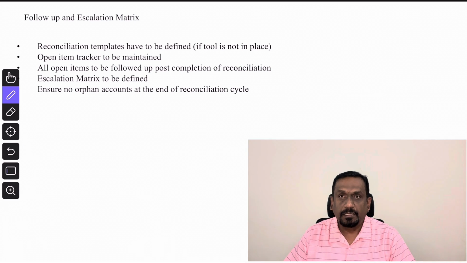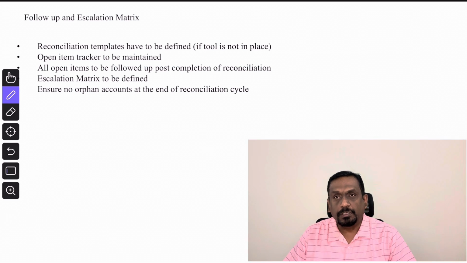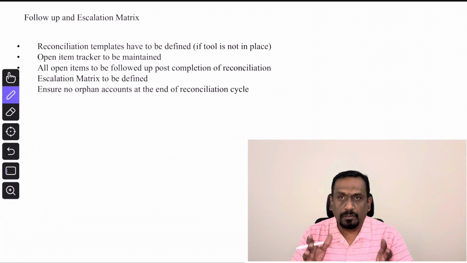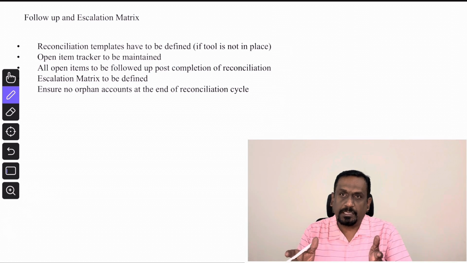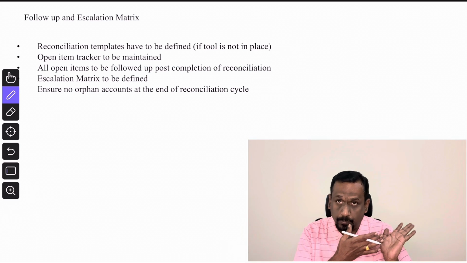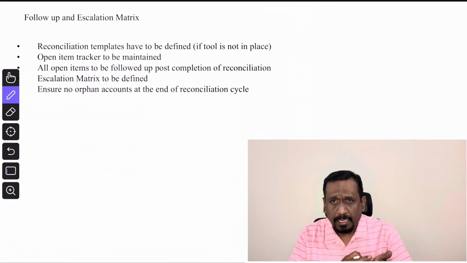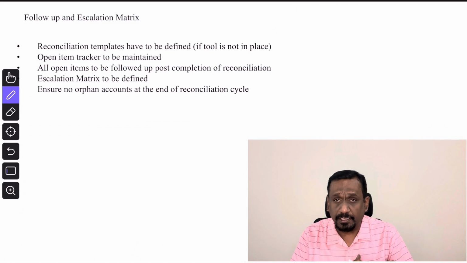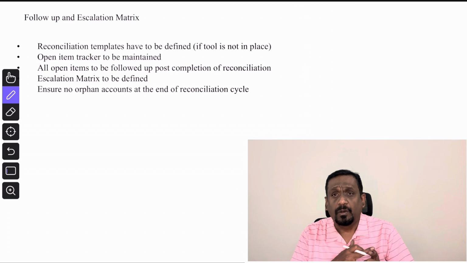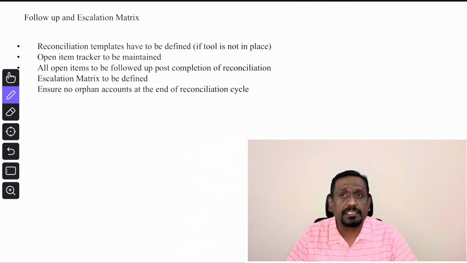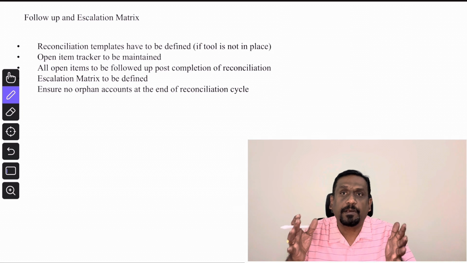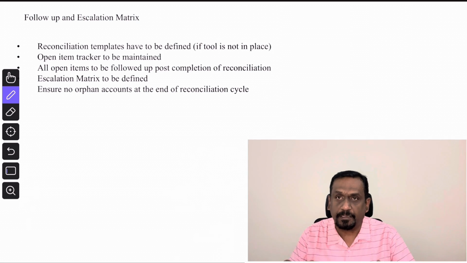No, what you need to do is define your own reconciliation template which covers all the points we discussed previously, like open item, record item, unreconciled item, definition of reconciliation, high risk, medium risk, low risk, backup papers, whatever content we discussed previously, that should be covered in our template somewhere or other.